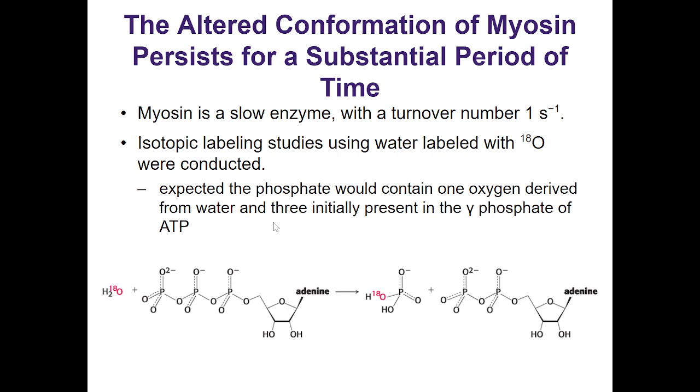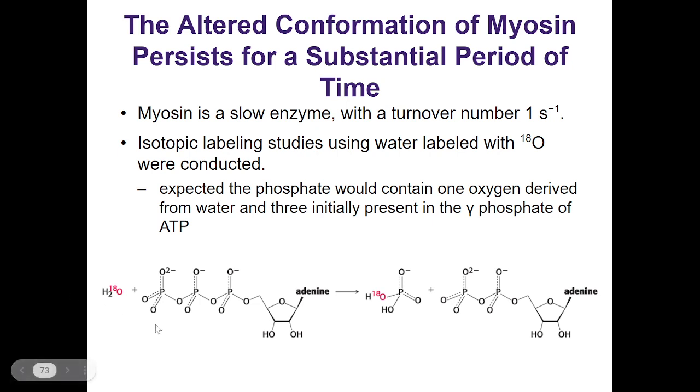Okay. So the isotopic labeling studies that use water labeled with O18 were conducted in this case. And this is why you're seeing these things: this is a good book that's meant to take you all the way through your professional careers, okay? That means that while it has explanations for each thing, it also has actual research backing every single thing that it states, right?